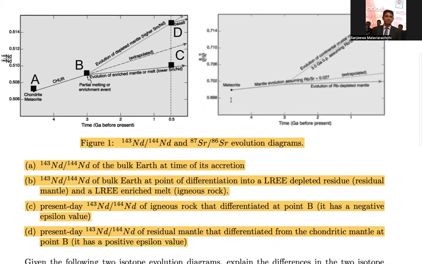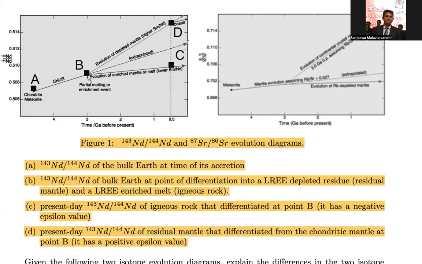So from point B, you can extrapolate it and continue, right? If nothing happened to the chondritic meteorite, the Earth would have a composition similar to this point today. This is the present day value, right?